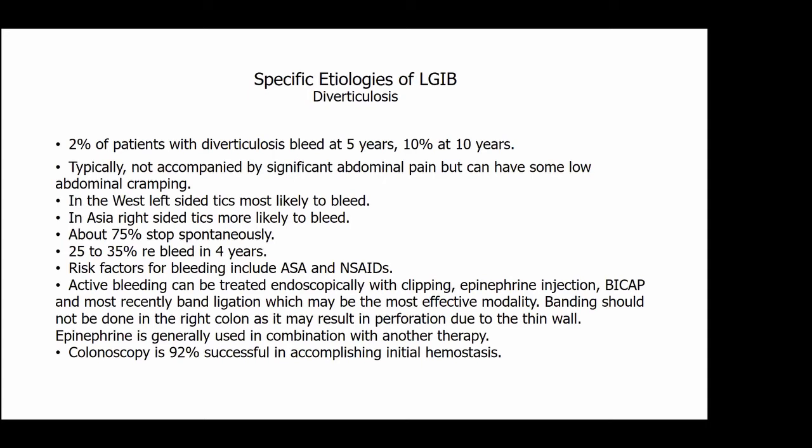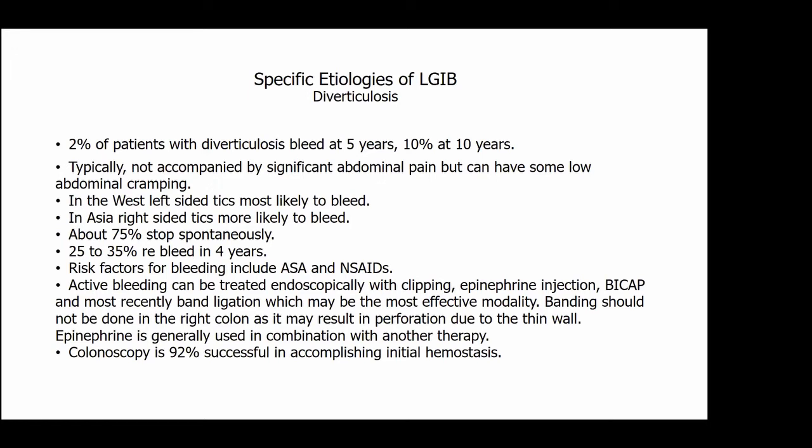Active bleeding can be treated endoscopically with clipping, epinephrine injection, BICAP, and most recently band ligation, which may actually be the most effective modality. But banding shouldn't be done in the right colon, as that may result in perforation because the right colonic wall is so thin. And epinephrine, as in upper GI bleeds, is generally used in combination with another therapy.